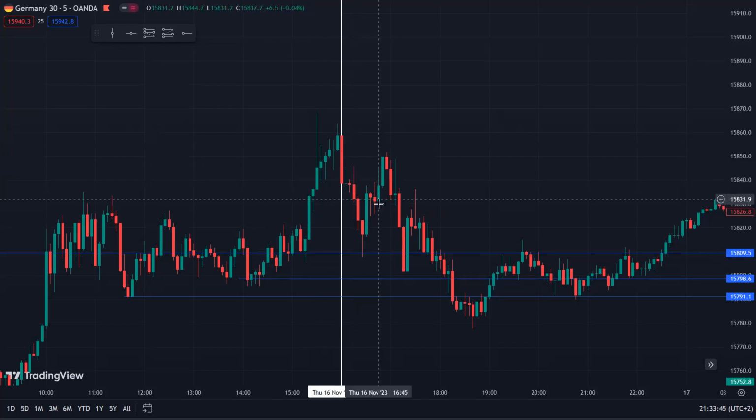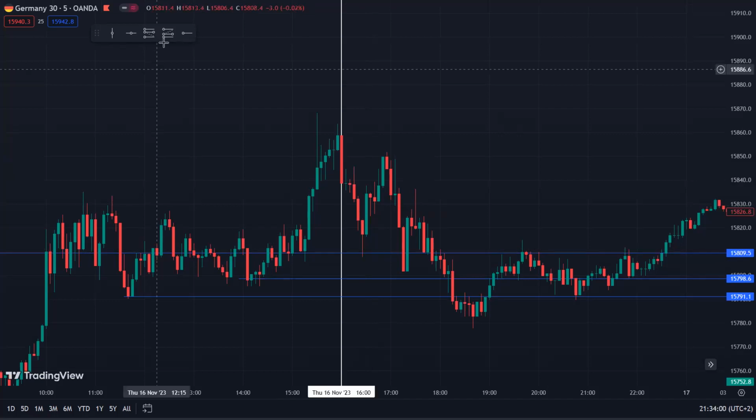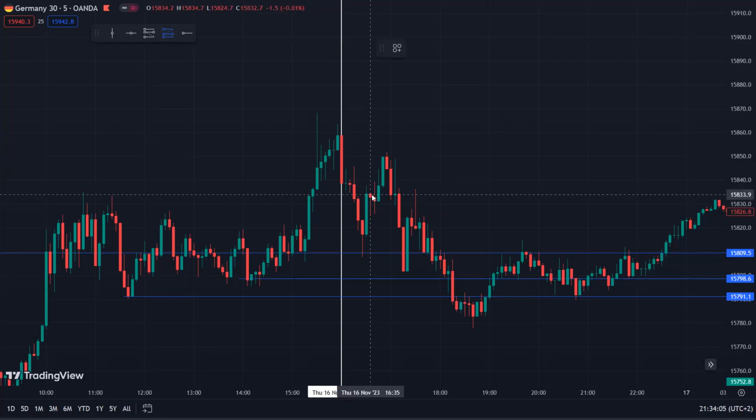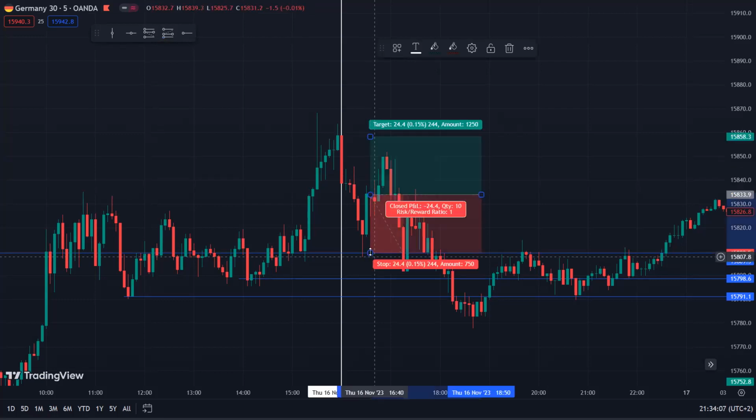You wanted this to be an entry. Also coming down to this one, this could have been our entry, right? But then looking at the stop loss percentage, it's a bit too much.